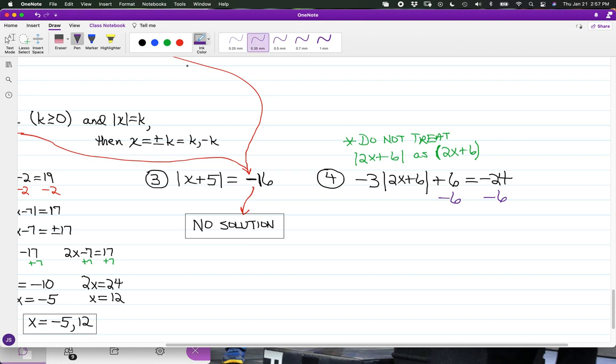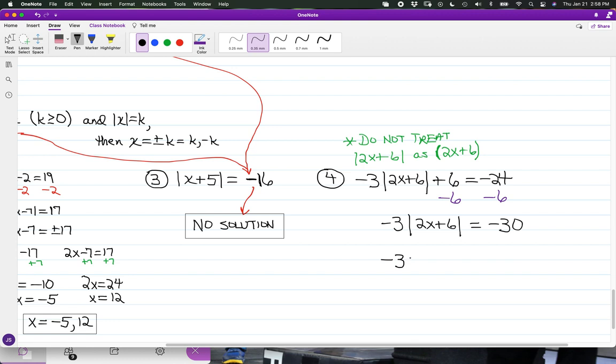And so we're going to have in the rewrite negative 3 times the absolute value of 2x plus 6 is equal to negative 24 minus 6. Now negative 24 and negative 6, this will be negative 30. And again, I cannot distribute negative 3 over 2x plus 6. Now you might have a solution, but it might deny you of a second solution.